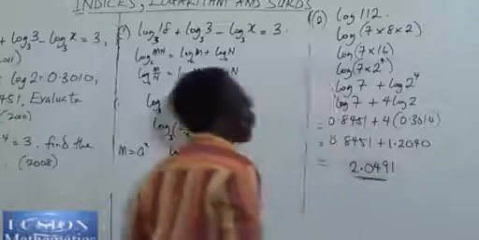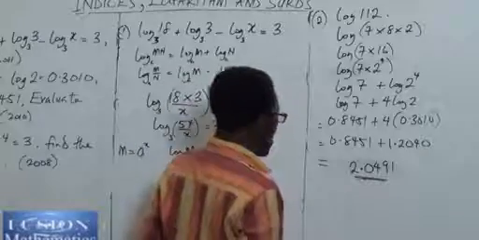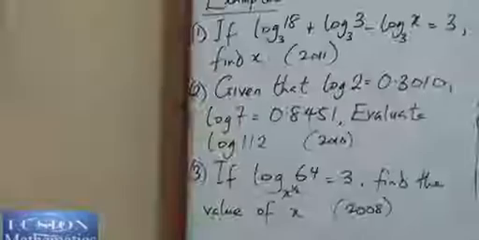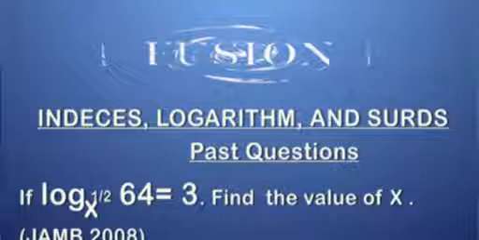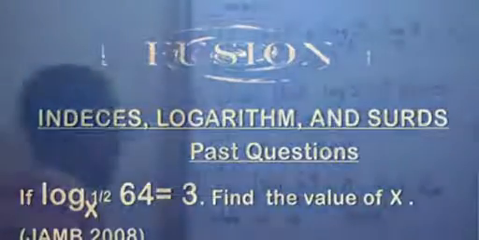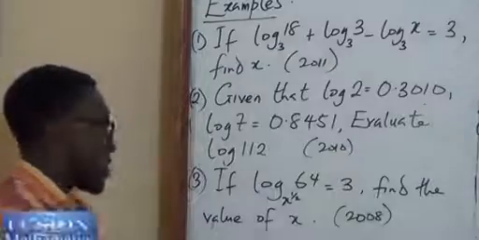So our answer for question 2 is 2.0491. Let's go over to question number 3. It says, if log 64 base x raised to power half equals 3, find the value of x. 2008 question. So let's go into it.